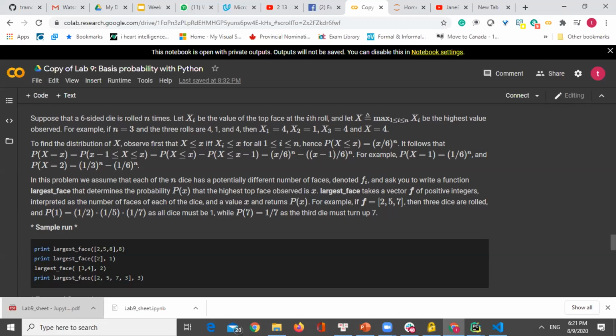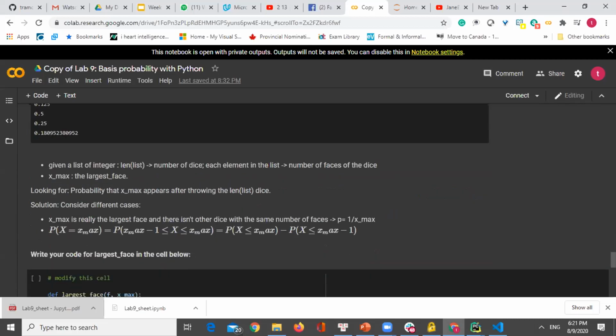Let Xi be the value of the top face of the i-th roll, and let X be the max value of Xi for i in range 1 to n. For example, here.